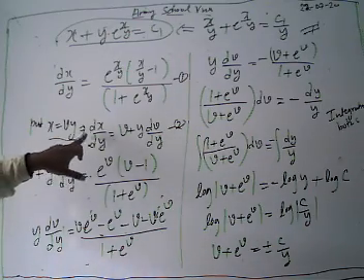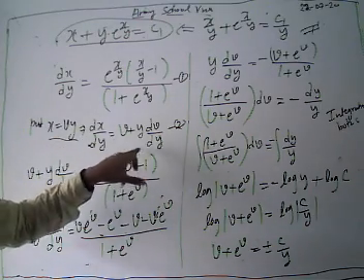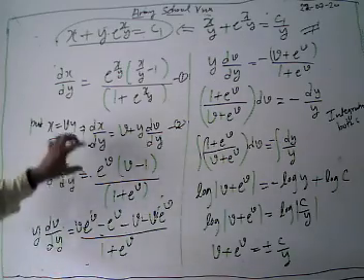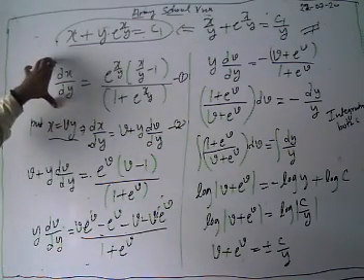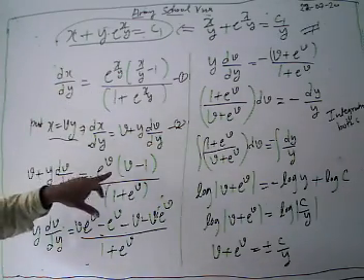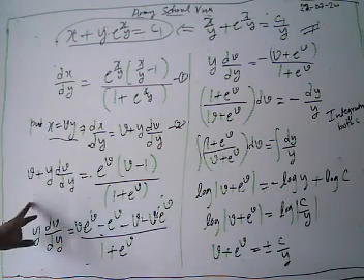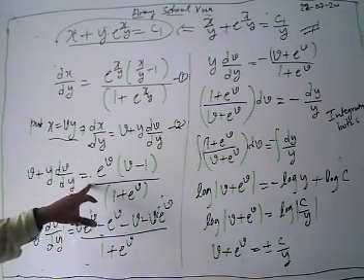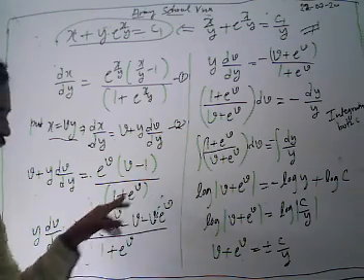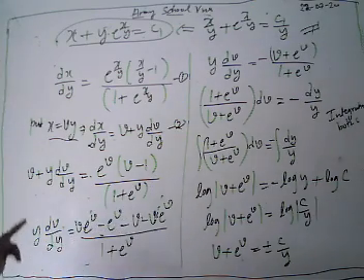Then we have dx by dy equal to v plus y dv by dy. Putting the value of dx by dy here, and v in place of x by y, our equation is reduced to v plus y dv by dy equal to e to power v into (v minus 1) upon (1 plus e to power v).